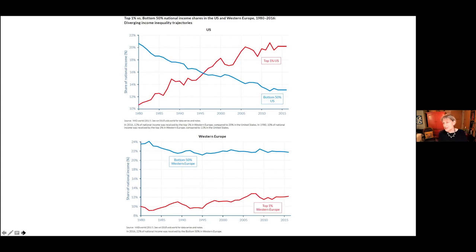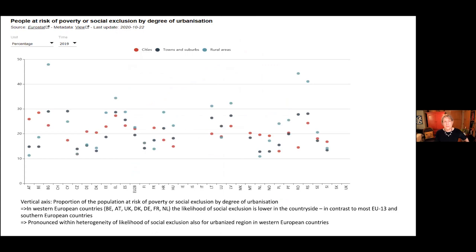The picture in Europe is not as dire, but it is still a divergence, with the bottom 50% controlling less income. Of course, these are national numbers, but we're interested in the regional distribution, which is much more stark.